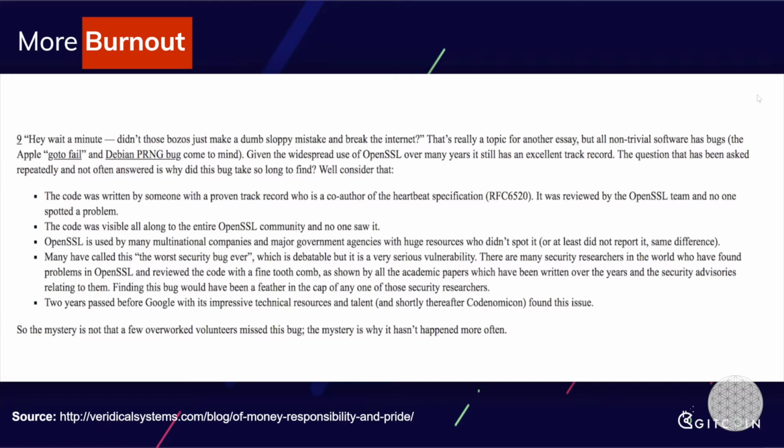And the mystery then, as this states at the bottom, which I think is the really important point here, is not that a few overworked volunteers missed this bug. It's that this hasn't happened more often. And so that's a really challenging scenario to be in.